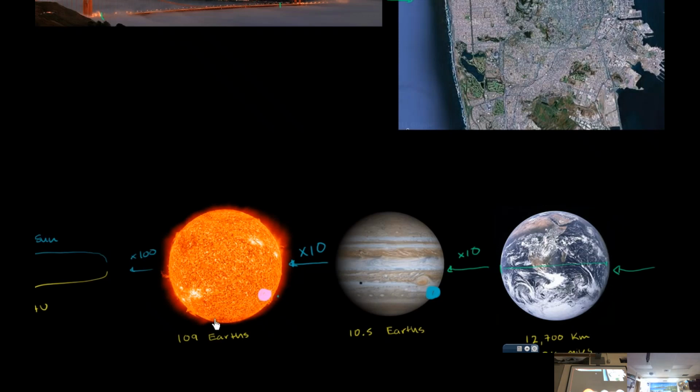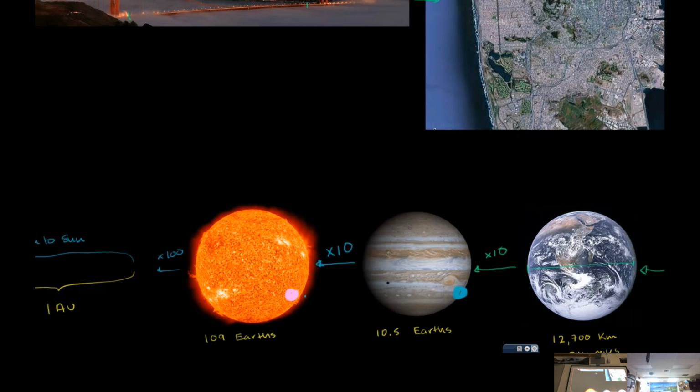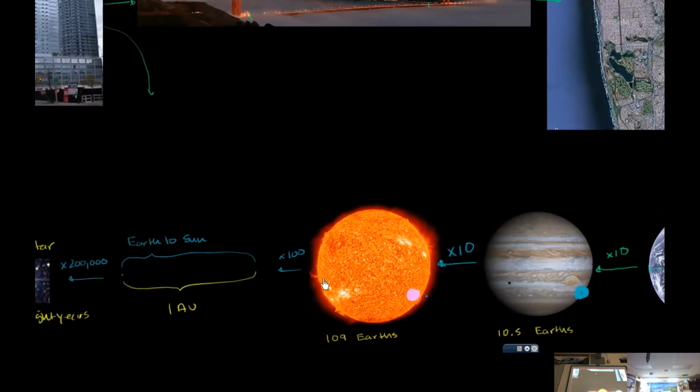So the sun, once again, is huge. Even though we see it almost every day, it is unimaginably huge. Even the Earth is kind of unimaginably huge, and the sun is 100 times more unimaginably bigger. Now we're going to start getting really wacky. You multiply the diameter of the sun, which is already 100 times the diameter of the Earth, by 100, and that is the distance from the Earth to the sun.